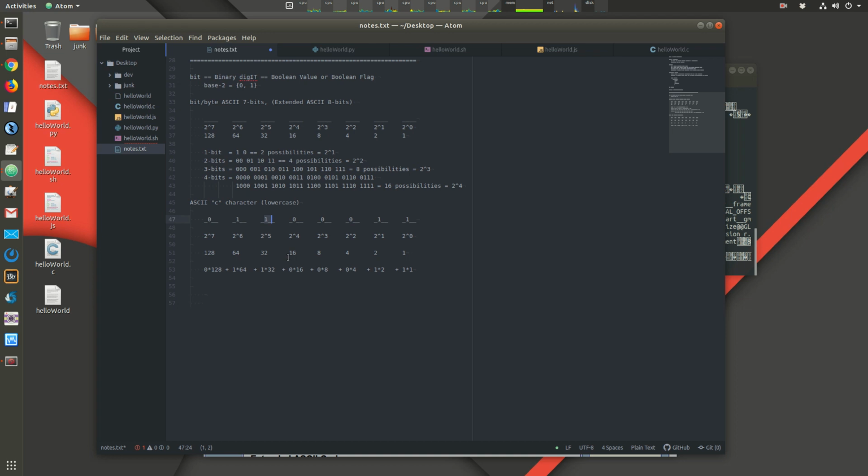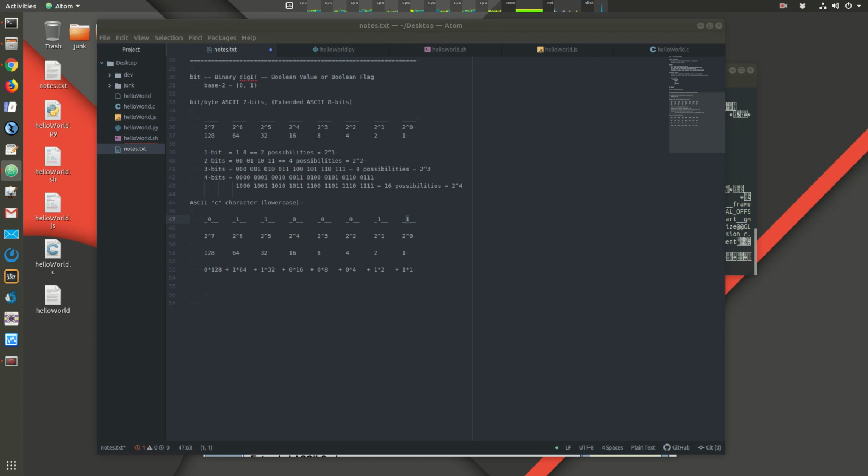We have a 0 in the 16th place, 0 times 16. We have a 0 in the 8th place, so that's 0 times 8. 0 in the 4's place, 0 times 4. A 1 in the 2's place, that's 1 times 2. And then a single unit left over. We have 1 in the 1's place, so that's just 1 times 1.